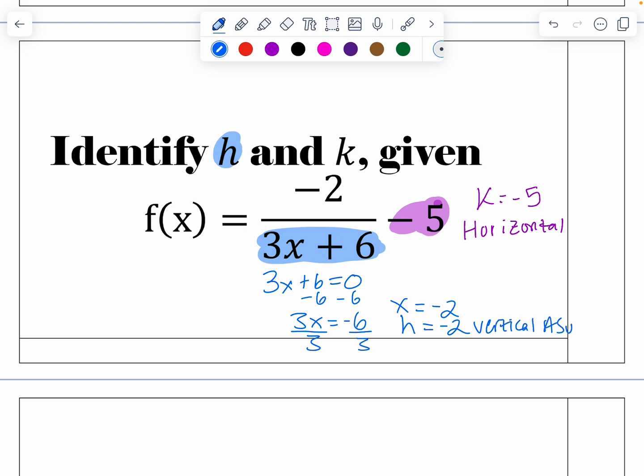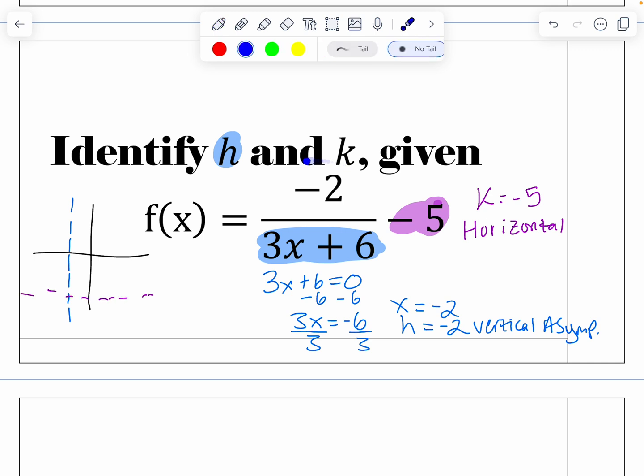If we were to sketch this, here's our little graph. We have a vertical asymptote at negative 2, so somewhere over here, and a horizontal asymptote at negative 5. What I want you to note is that we are negative up here. On the previous problem, we had something that looked like this, on the top left and bottom right.